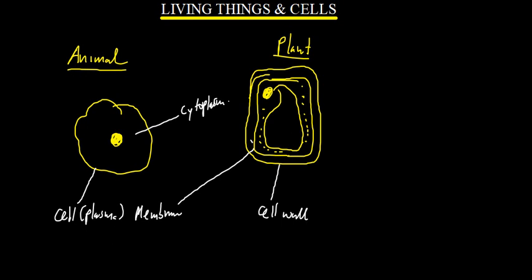That will be the same with this space that you can see here, that's the cytoplasm. In an animal cell, you have got the nucleus, and the nucleus is in the center. In a plant cell, the nucleus is not in the center. You can see it is on the side. The question is, why is the nucleus not in the center for plants? That is because you have got the vacuole. The vacuole is what takes up the middle of a plant cell.